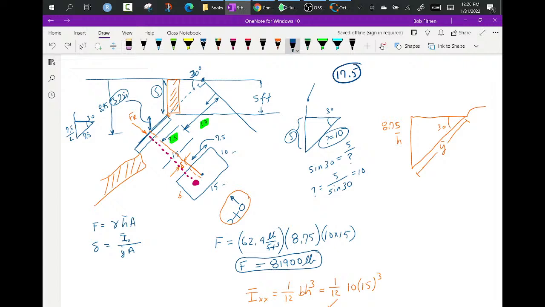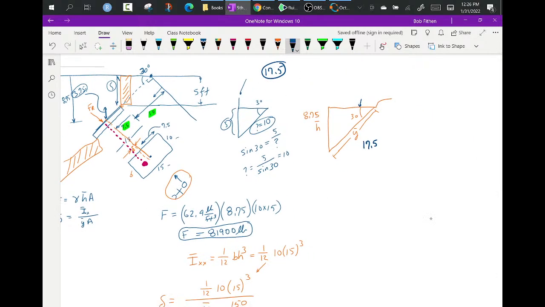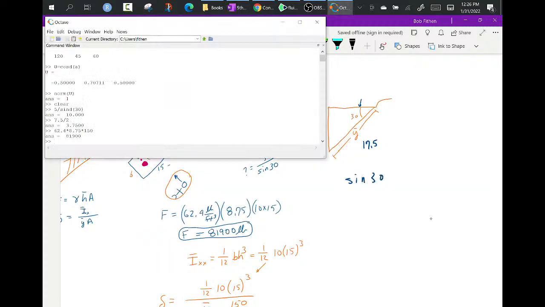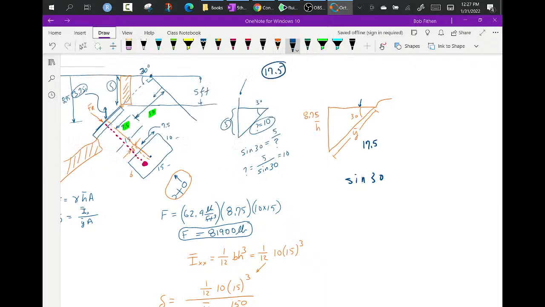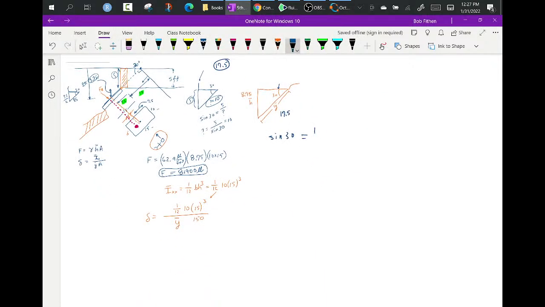But this is supposed to be 30 degrees. Is that obeying this correctly? So there's a sine of 30, which is supposed to be a half, 1/2.